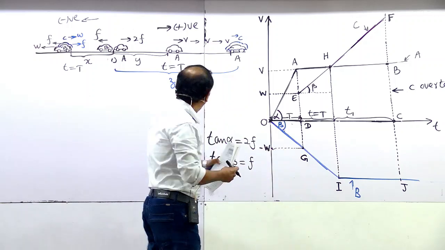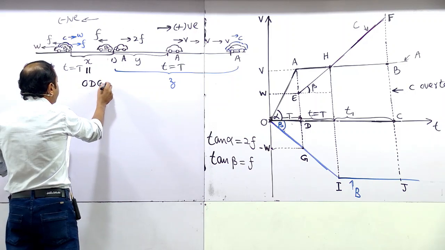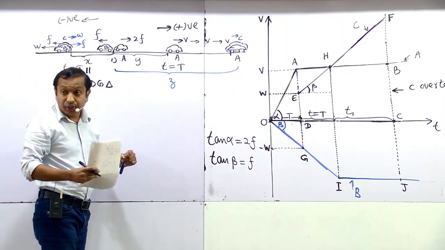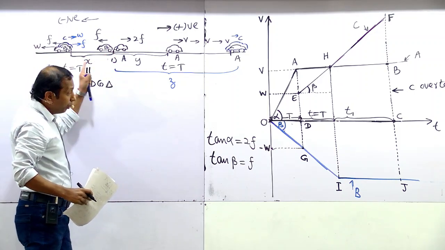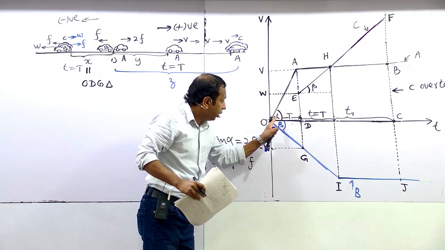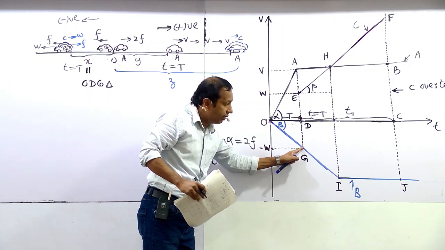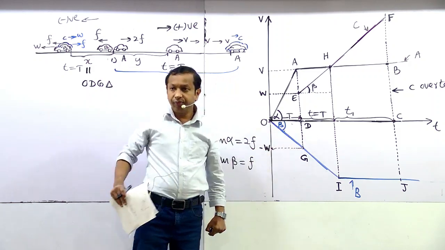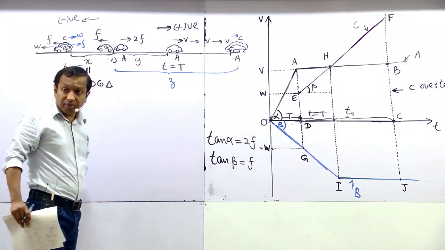Then this X I can write as equal to the ODG area. During the time T, the displacement B moves leftward, the VT graph of B is from here to here. The area covered by that is ODG, and that ODG area is equal to this X. Am I correct?